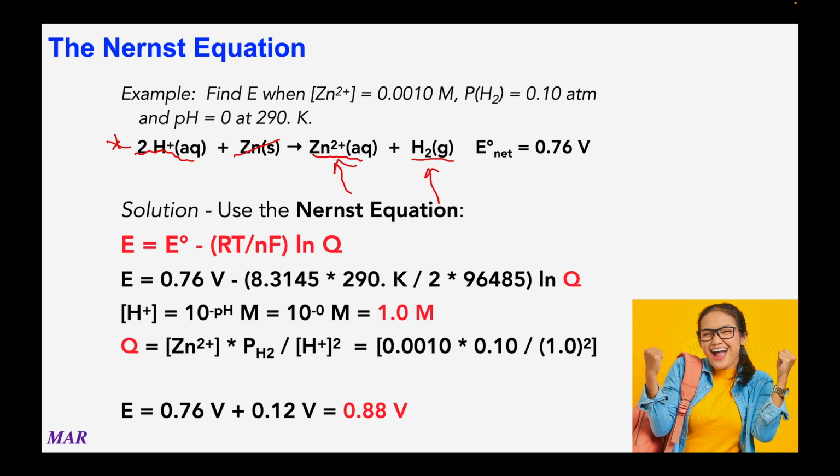Wow. So if you think about this long enough, the zinc 2 plus and the H2, the products, have less than the desired ideal amounts. On the reactant side, H plus and zinc, they're fine. They have the standard amounts. So if the product side is less, that's kind of like saying by Le Chatelier's principle, like you're taking away a product. And if you take away a product by Le Chatelier's principle, the reactants will move to the product side.